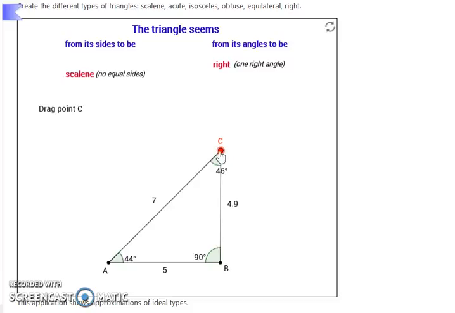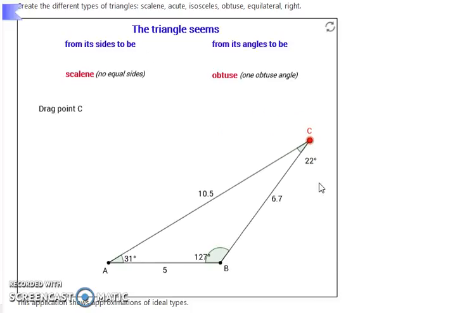Next, we have an obtuse angle, which is what we have right here. Notice point B from just earlier, that was 90 degrees. What do you notice about it now? It's a lot larger, isn't it? It's 127 degrees.